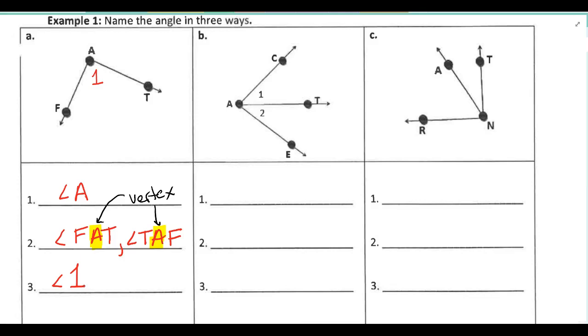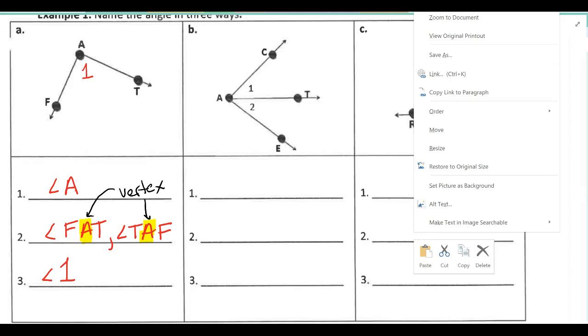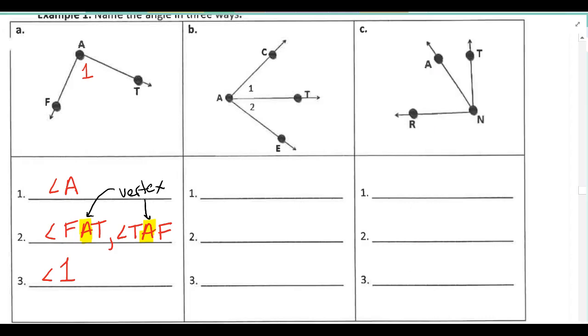All right, so in part B, we actually have a bunch of different angles here. We've got 3 different angles. I have this angle up here, I have this angle down here, and then I have the whole big angle, which is made up of 1 and 2 together.